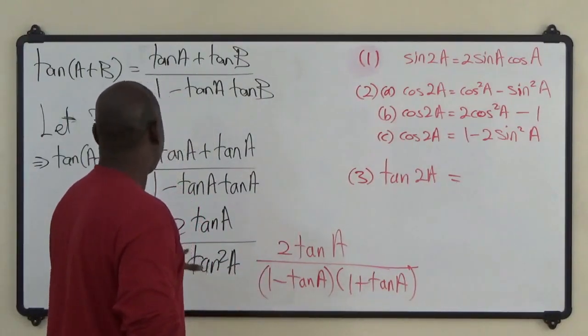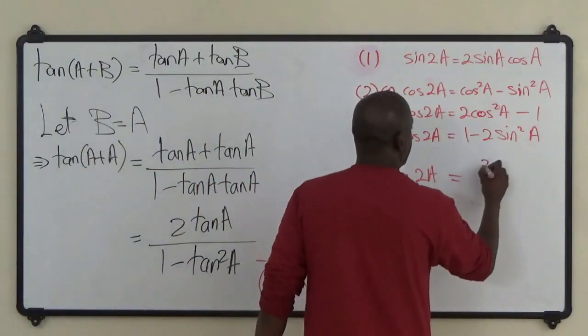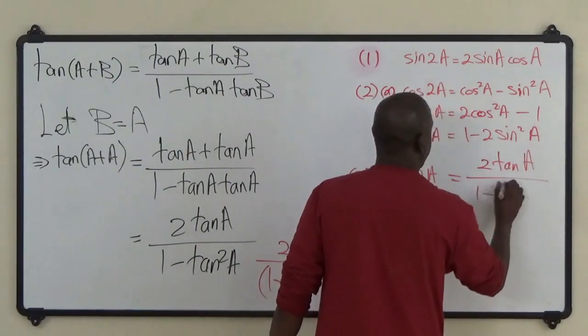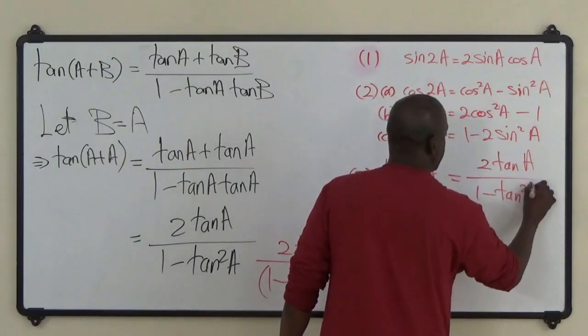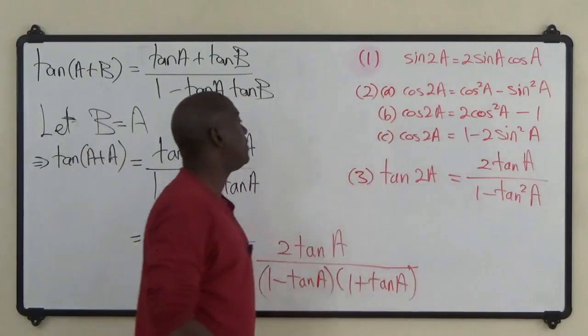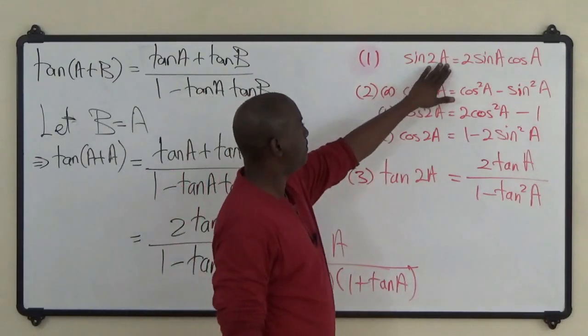Therefore, we can write that tan of 2A is equal to 2 tan A over 1 minus tan squared A. End of discussion.